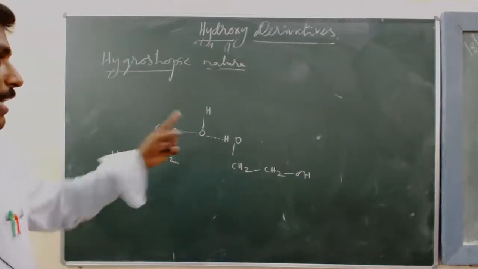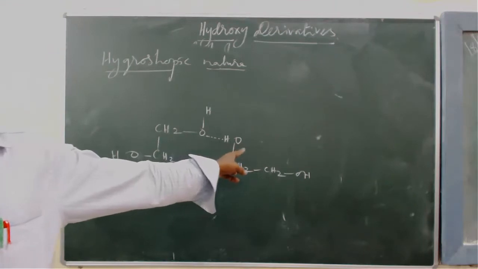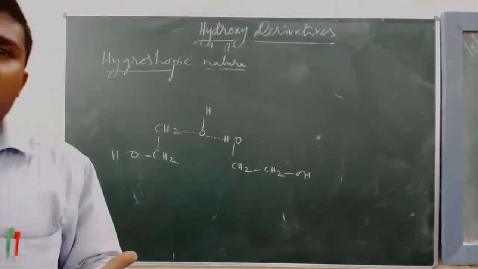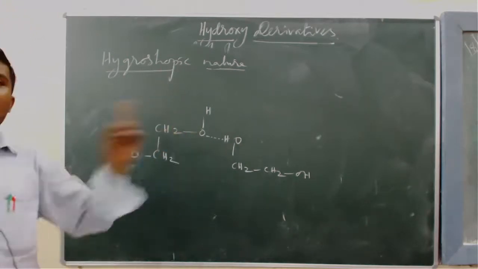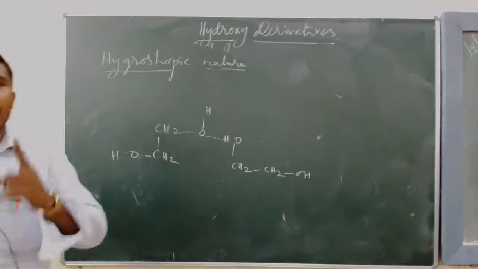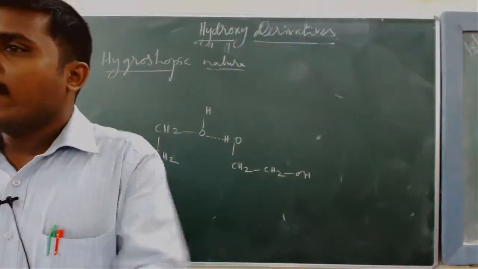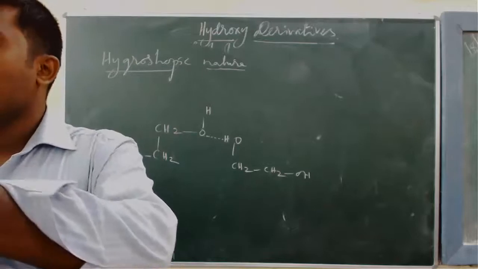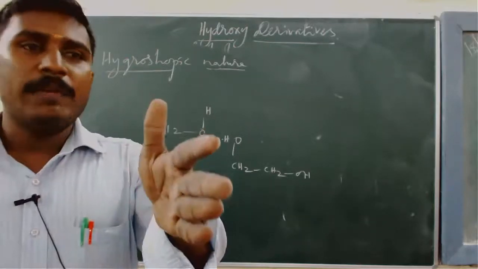But when you add ether, it is insoluble because there is no way to form a hydrogen bond in ether. That's why ethylene glycol is soluble in water and alcohol, because both form intermolecular hydrogen bond. It will break the polymeric structure. Which one? Water and alcohol break the polymeric structure.